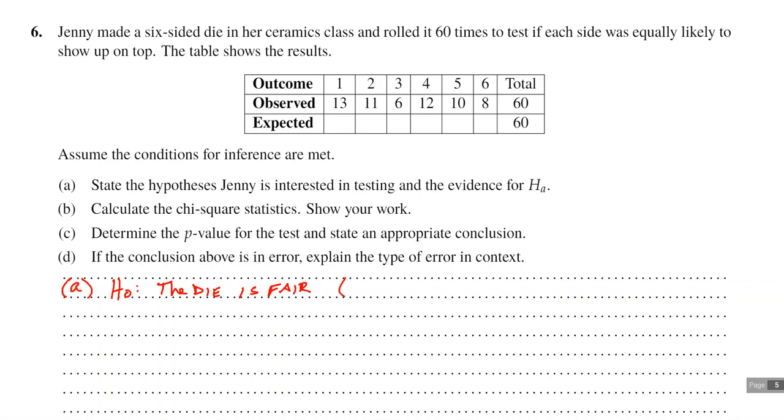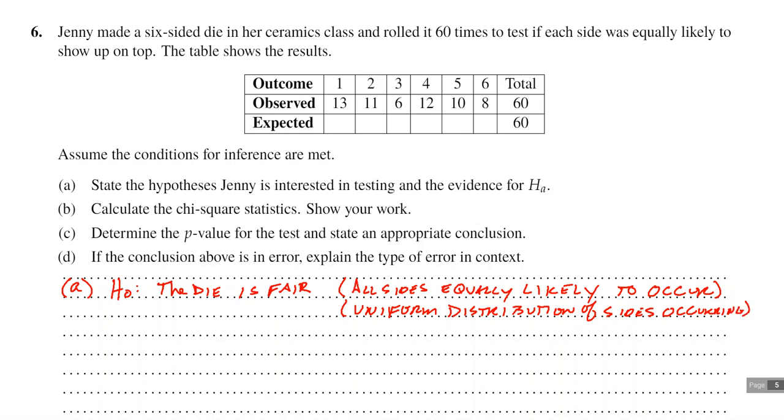In other words, all sides are equally likely to occur, or we could say we have a uniform distribution of sides occurring.